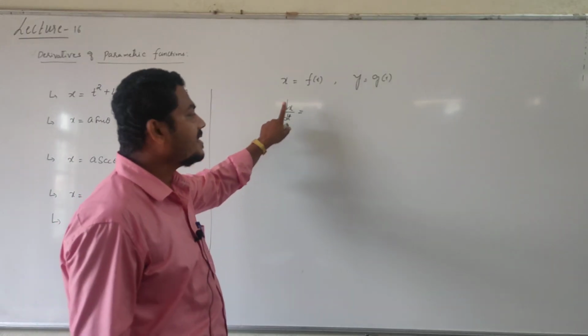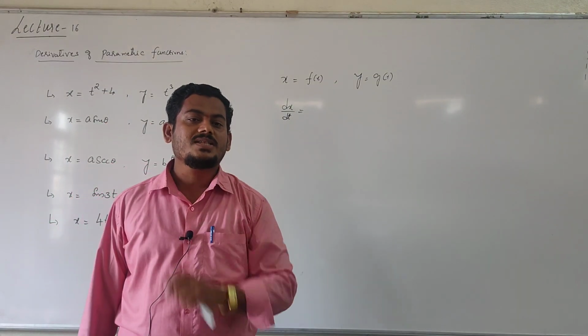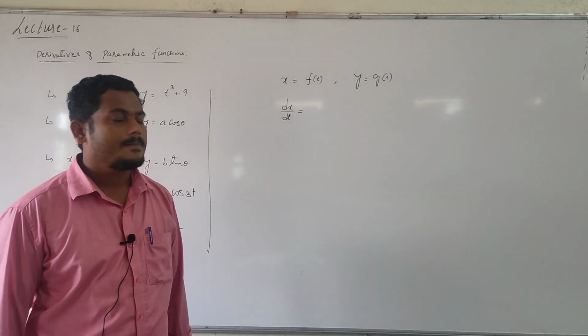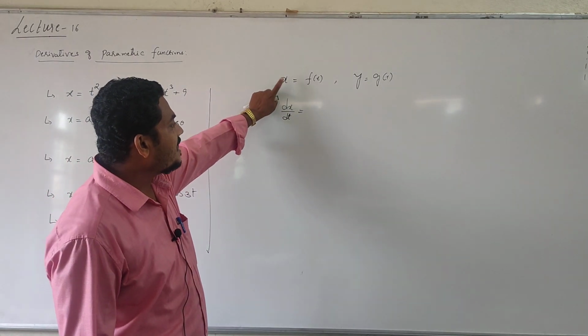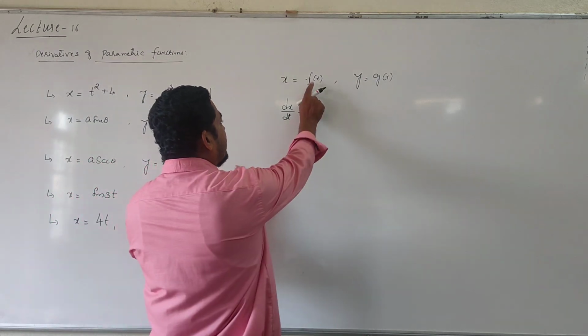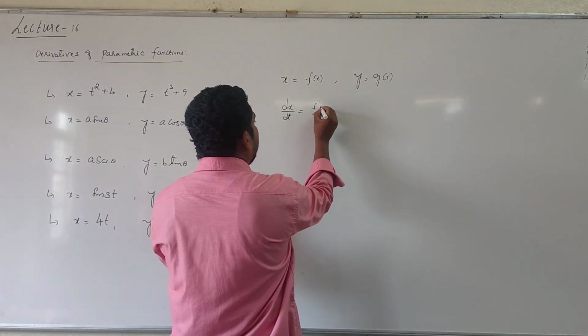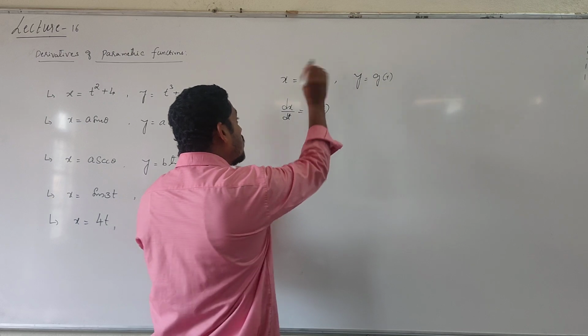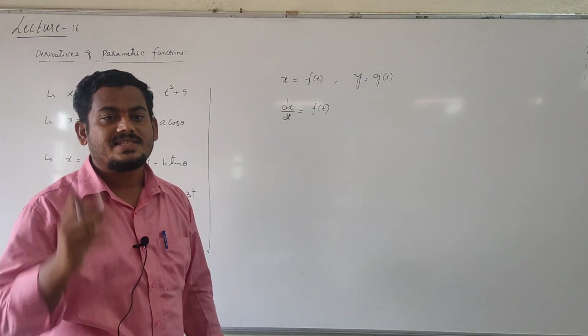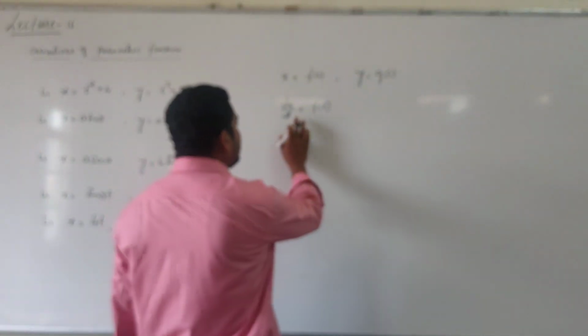With respect to t is dx by dt only. If you differentiate x with respect to x, then only its derivative is 1. Here differentiate x with respect to t, then it will be dx by dt. Then f dash of t into inner function is t only, t derivative with respect to t is 1 only. This is dx by dt.